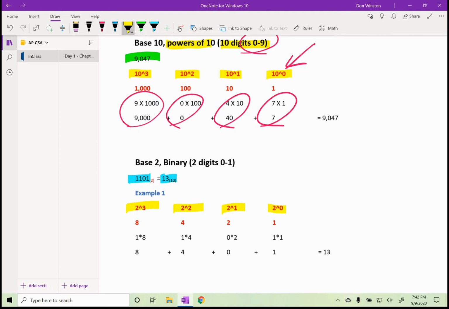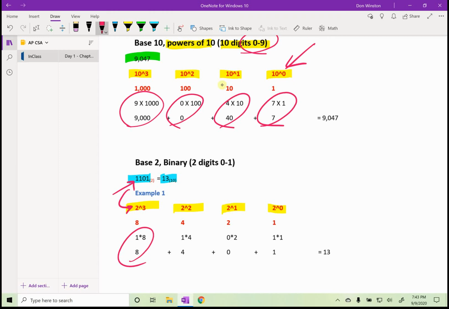I'll take the digit 1 and multiply it by the power of 2, which is 8. So 1 times 8 is 8. Again, I'm taking that digit, 1, and multiplying it by 2 to the third, because I'm working with base 2, and I got 8.